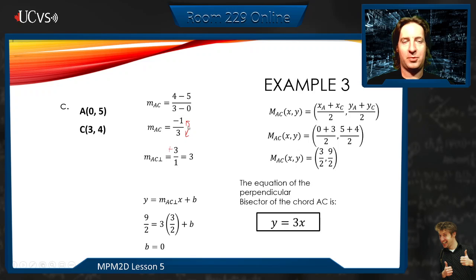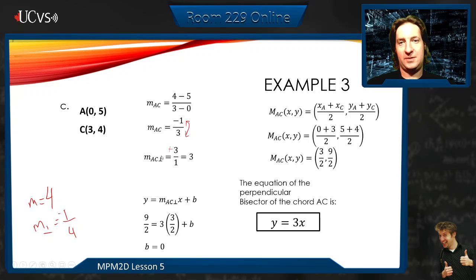If it's just a number, we put it underneath a 1. Let's say the slope, for example, is 4. A perpendicular slope of this is going to be 1 over 4, but then negative. So we flip the fraction and we make the whole thing negative. If it's already negative, it becomes positive.